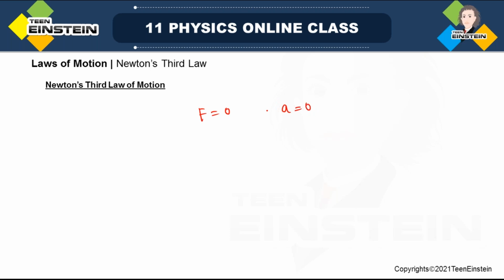So there will be no acceleration. That means a particle or any object will move with uniform velocity, or if any object is at rest, that will remain at rest forever.